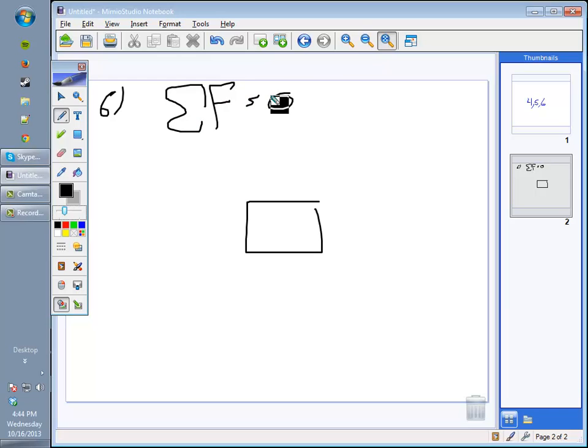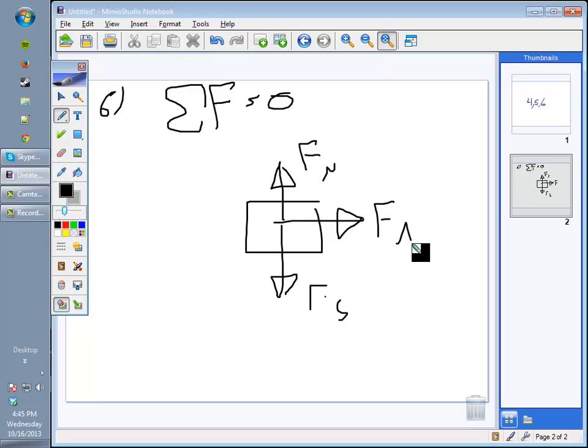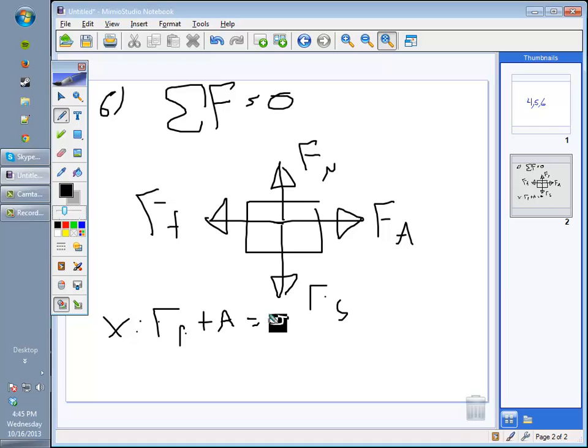Alright, so we draw our force diagram. We've got gravity down, normal up. You're applying the force to the right, or the left, whichever direction you want to make it. And you've got friction the opposite way. Alright, so we've got our two equations. In the x direction, friction plus your applied force has to add up to 0.